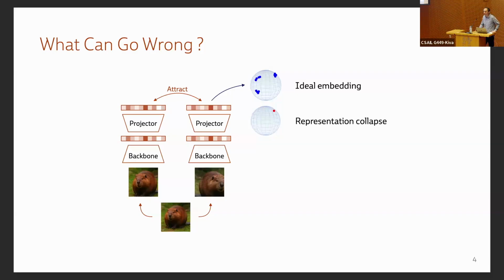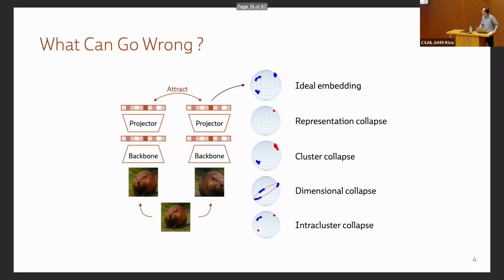But this is not the only collapse that you can converge to. You can have other families of collapses. One of them is cluster collapse, where basically two of the clusters collapse to a single one. You can have dimensional collapse, where instead of having a spread over the whole hypersphere, you collapse to a subspace of it.